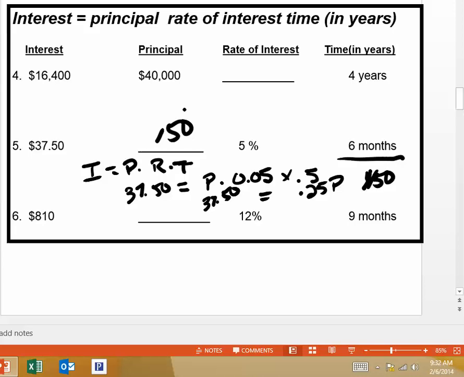Likewise, on this next one, we would have 0.12 times 0.75, because 9 months is 3/4 of a year. 0.12 times 0.75 is 0.09. So divide 810 by 0.09 and you get $9,000.